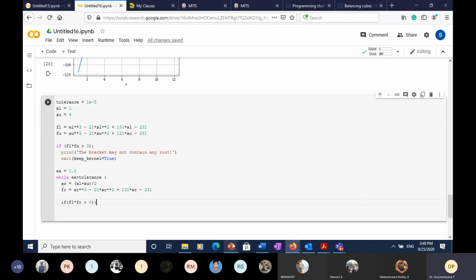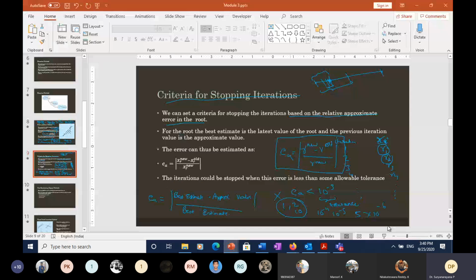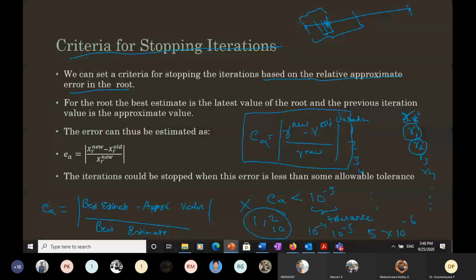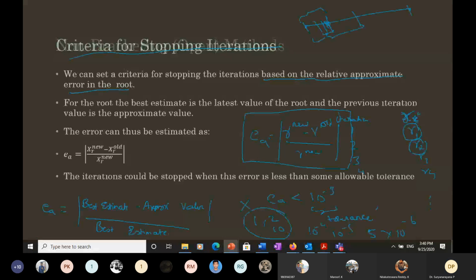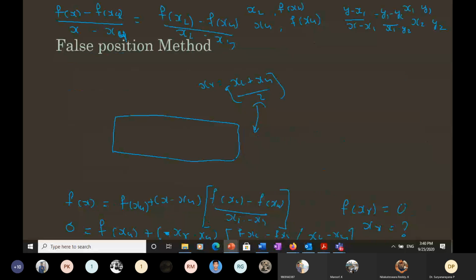Let me go back to the presentation and I'll show you something. See, I'm generalizing the procedure that I told you in the morning.